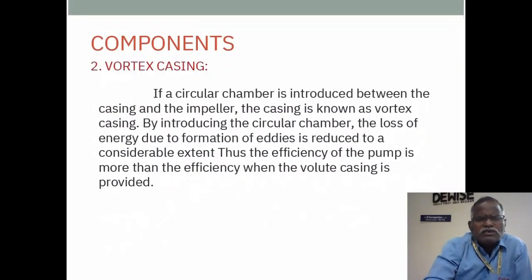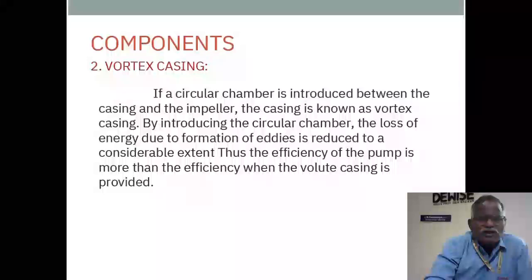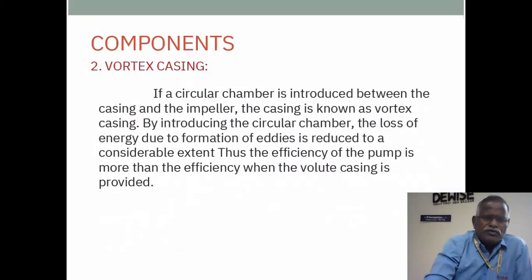In the case of vortex casing, a circular chamber is provided between the casing and the impeller. The loss of energy due to formation of eddies is reduced to a considerable extent. The efficiency of the pump is more than that of the volute casing.